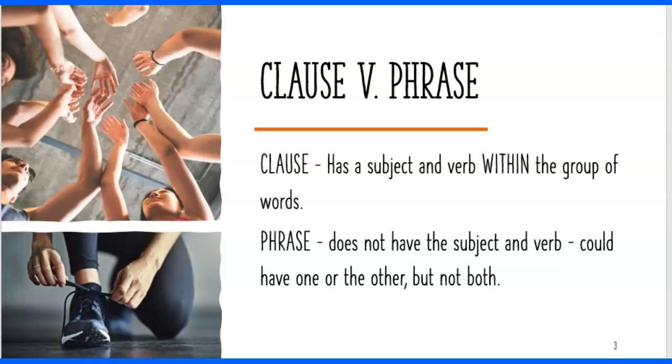Now let's review briefly the differences between a clause and a phrase. Remember, a clause has a subject and a verb within the group of words. So if we have a group of 5 or 6 words and you think it's a clause, it must have a subject and a verb, with that subject doing something. A phrase is not going to have both of those. It could have a noun in it, it could have a word that looks like an action word in it, but it will not have both. Most of the phrases that you're going to see in your sentences are going to be prepositional phrases.